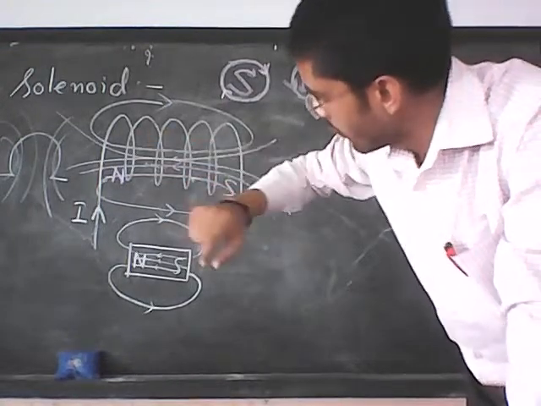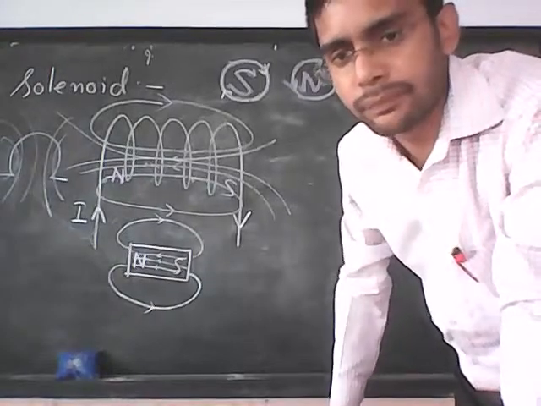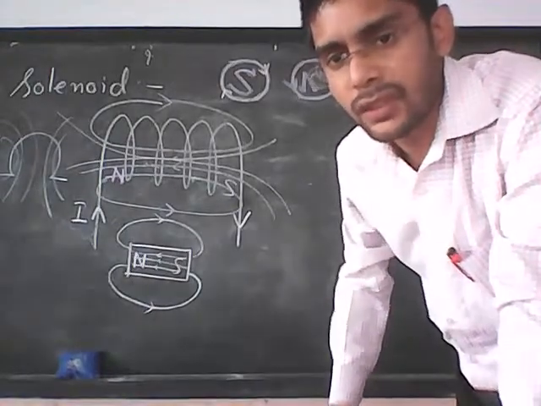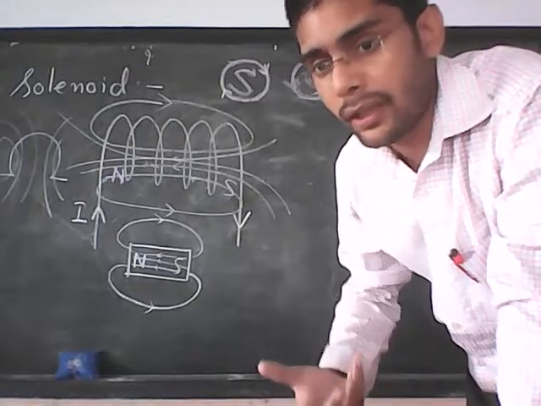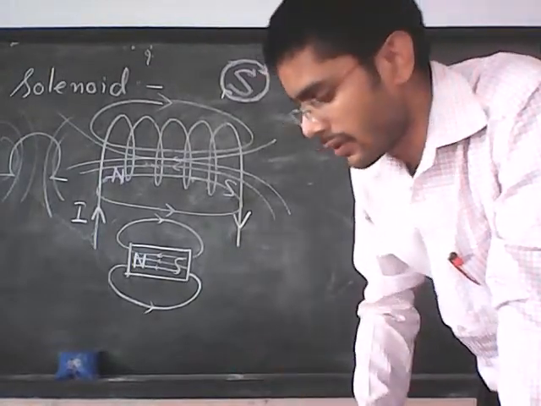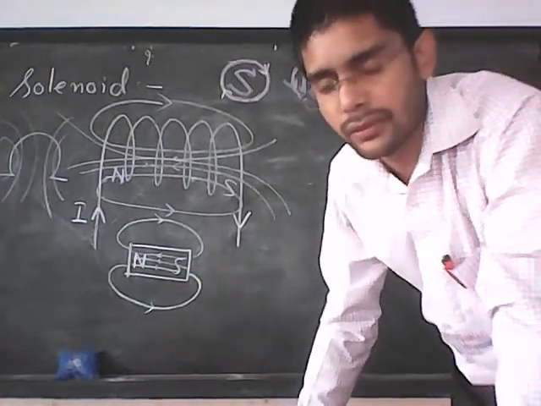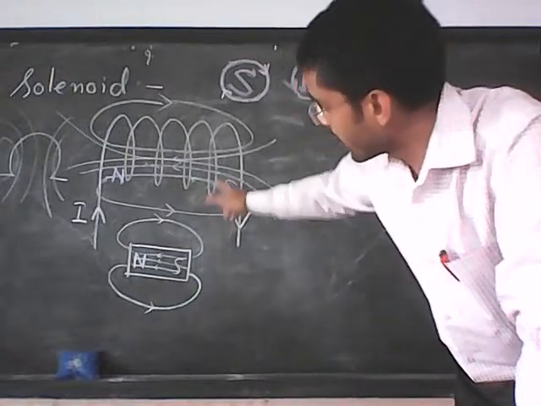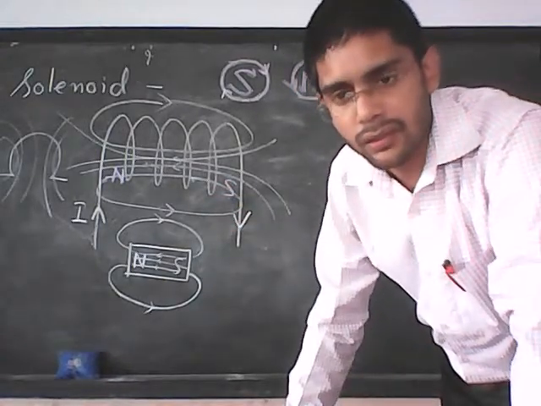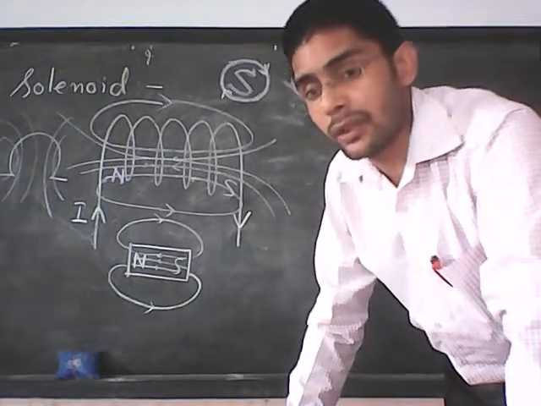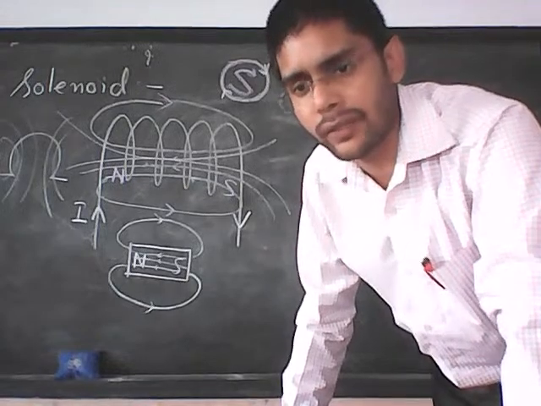When the current flows in the clockwise direction, it will become the south pole. This means the polarity of an electromagnet can be changed, but the polarity of a bar magnet cannot be changed. The strength of an electromagnet you can increase or decrease, but the strength of a permanent magnet is fixed. So you can find out the differences.